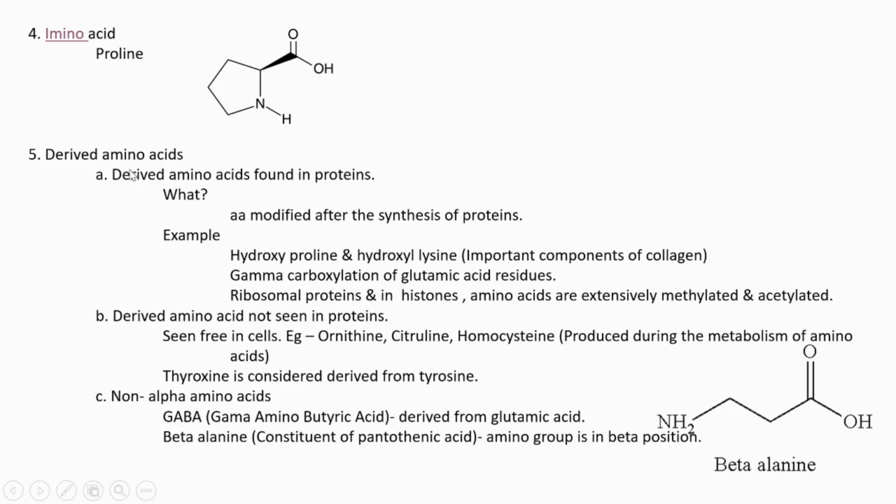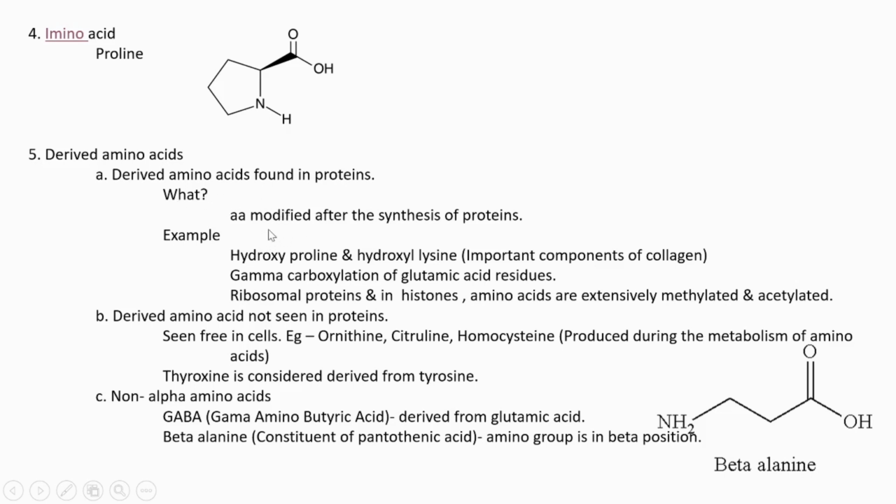Okay. Next, we are moving to derived amino acid. That means some modifications are actually happening on the natural amino acid. Such type of amino acids are called derived. It means that a derived amino acid is derived from some other innate amino acid.